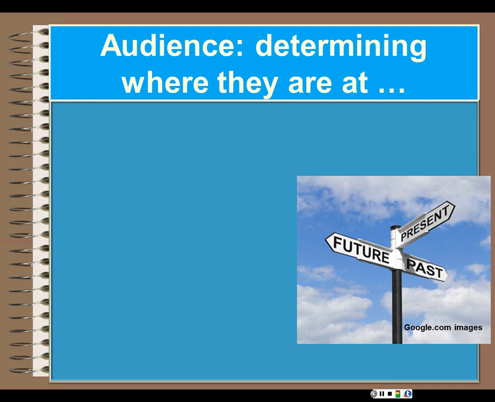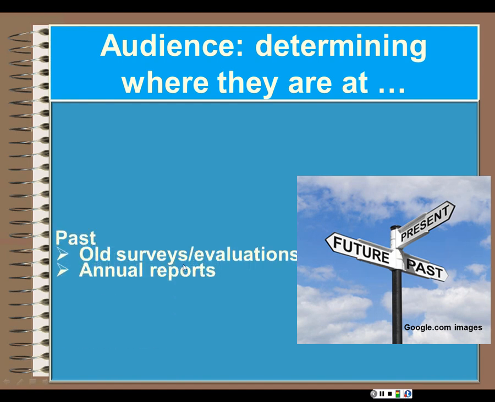And I like this signpost from Google.com images, which shows the intersection of past and present and future. It's kind of interesting because the past is pointing this way, the future is pointing this way, and of course the present is out here.